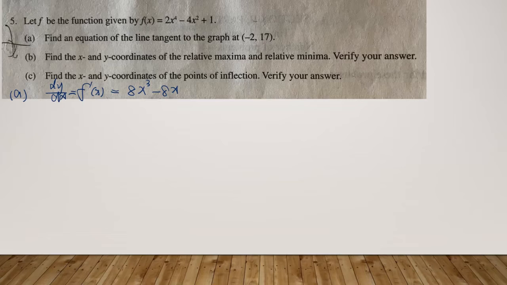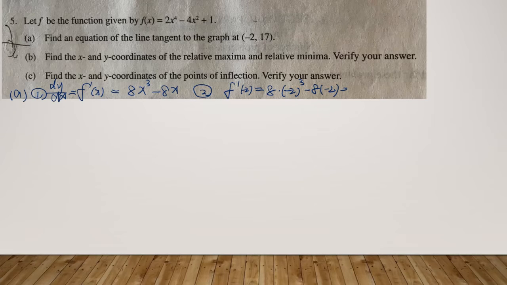Now this is the first step. The second step, plug in x equals -2. So f prime of -2 is 8 times (-2) cubed minus 8 times -2.